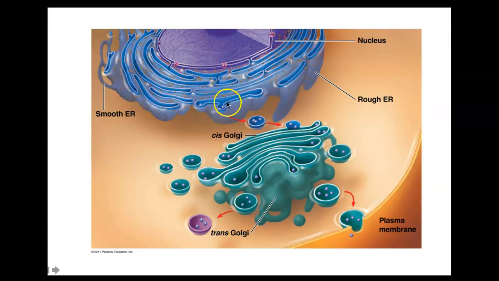Once the protein is made, it's packaged in a vesicle from the ER. It is passed to the Golgi, where it is packaged and modified a little bit more. It's modified for shipment, basically. And then it's sent to the cell membrane. The vesicle fuses with the cell membrane and expels the contents there. So at the bottom it says, go ahead and study cell membrane vocab on Quizlet.